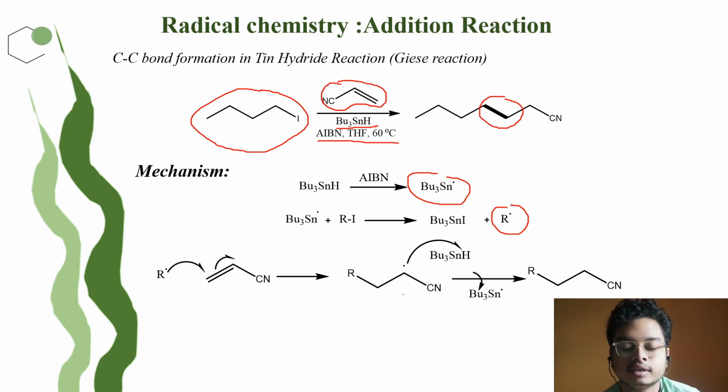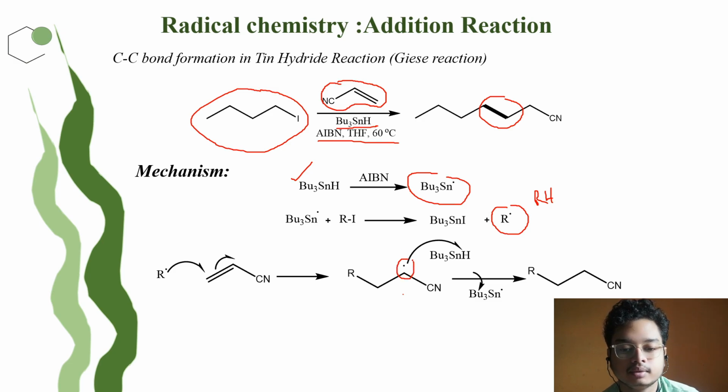First, this R radical will attack this tributyl tin hydride compound, giving a termination step and forming RH. Or, since there is an electron deficient alkene in the reaction medium, this R radical will attack this electron deficient alkene to generate this radical.